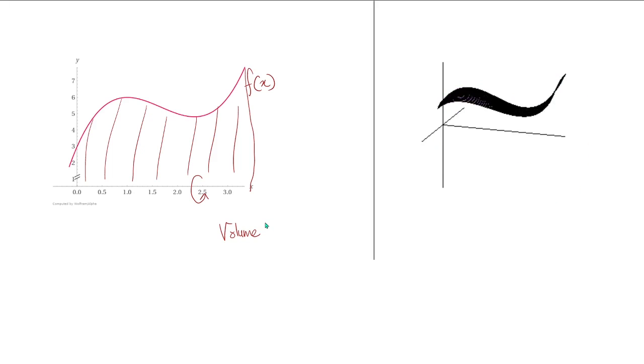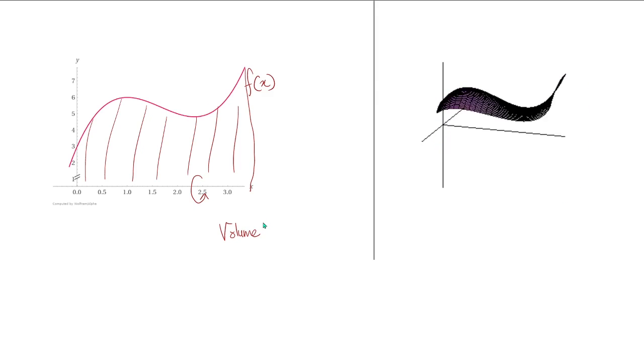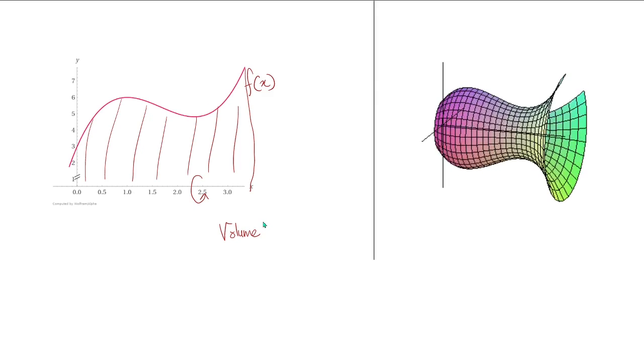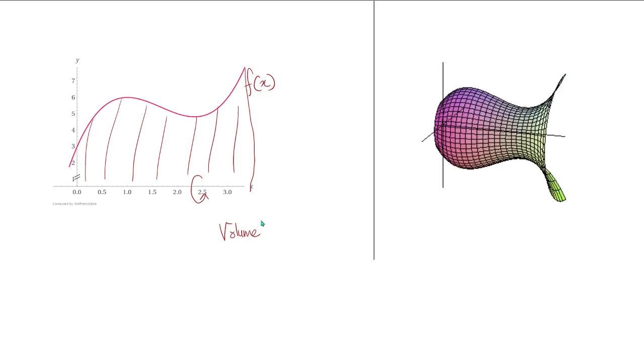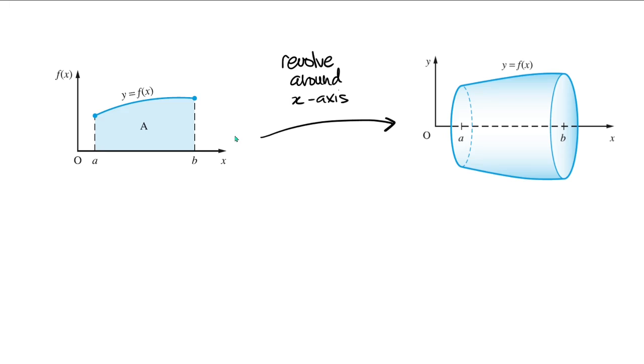Well, with what you have learned so far in calculus, it's easy to do this using the skills that you have learned in integration. The idea is, if you revolve this area under the curve around the x-axis, you're going to get something like this.